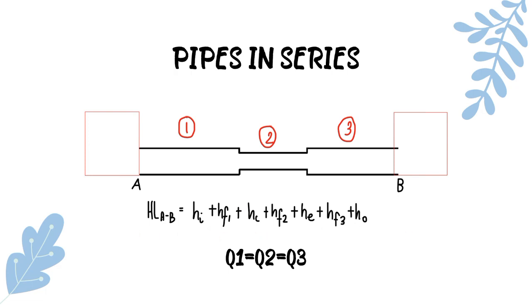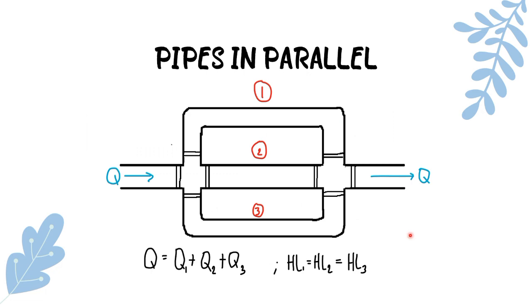But for pipes in parallel, we can see that the principle has changed. As the flow Q goes in, it will be distributed to pipes 1, 2, and 3. Of course, it will pass through all three pipes unless one is closed or has a barrier.